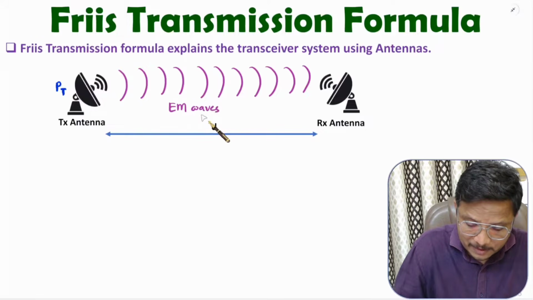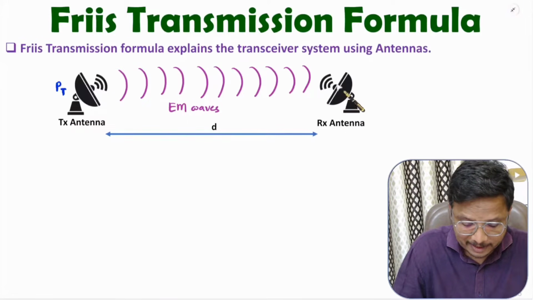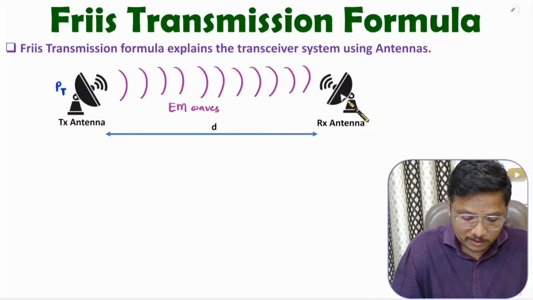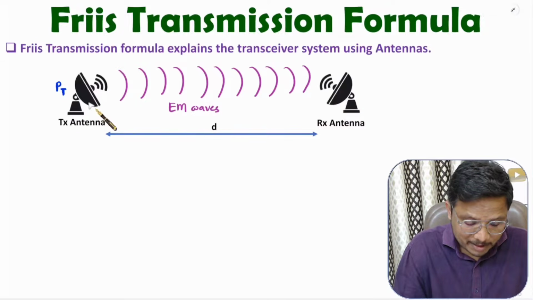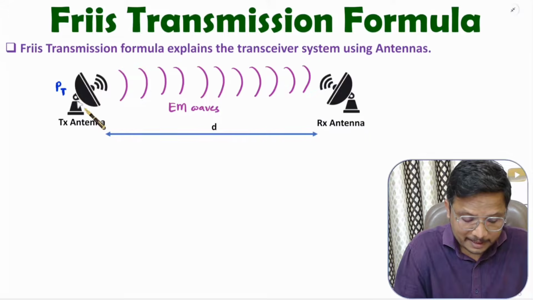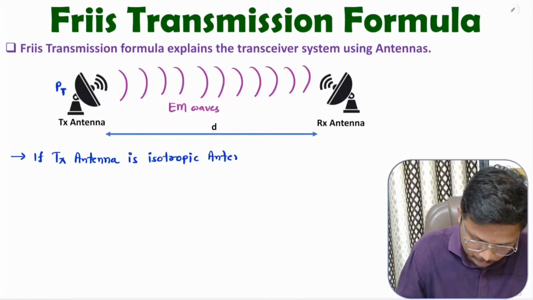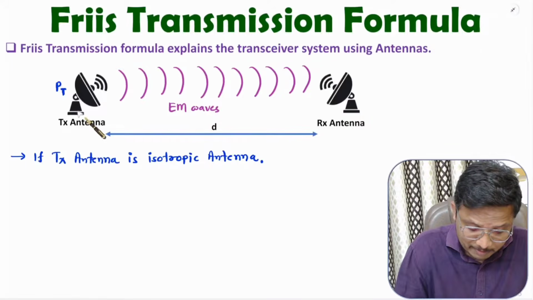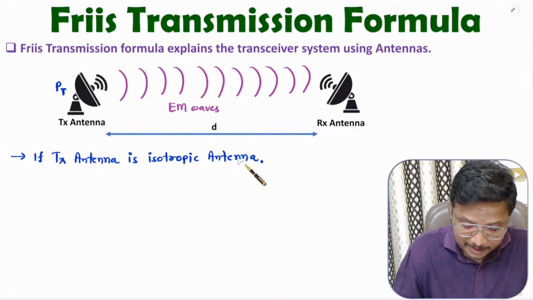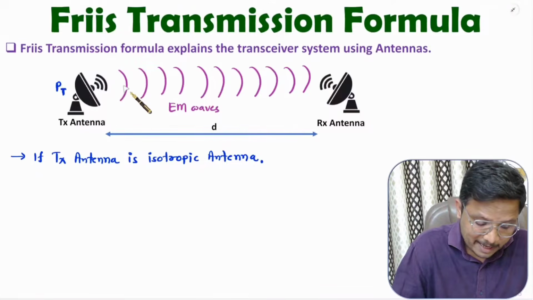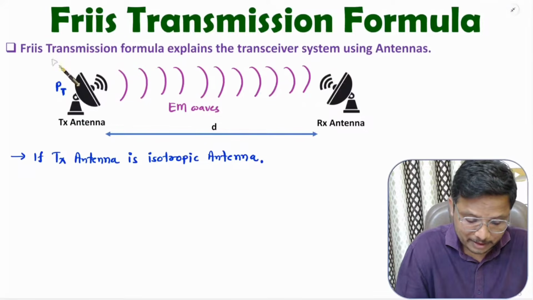These EM waves are received by the receiving antenna. First of all, I'll consider this transmitting antenna as an isotropic source. If the transmitting antenna is an isotropic antenna, then it will radiate equally in all directions.